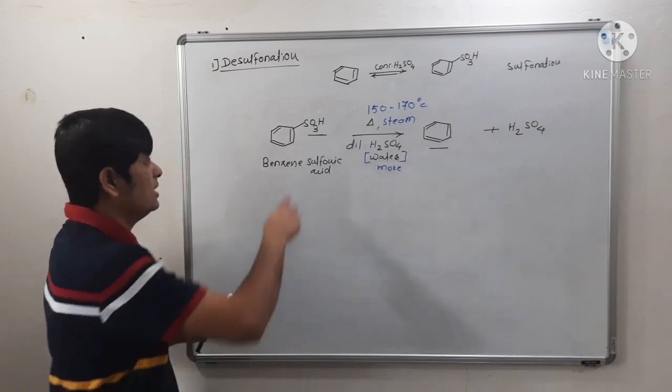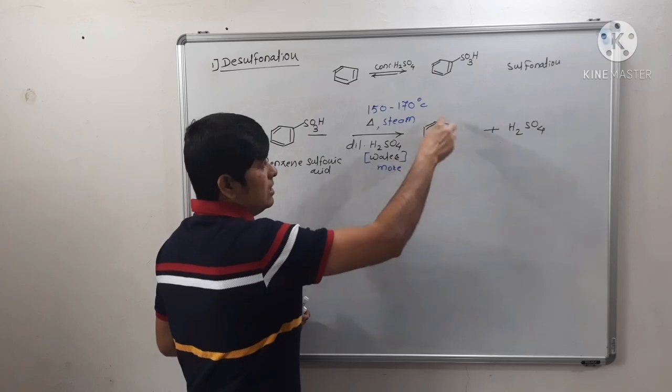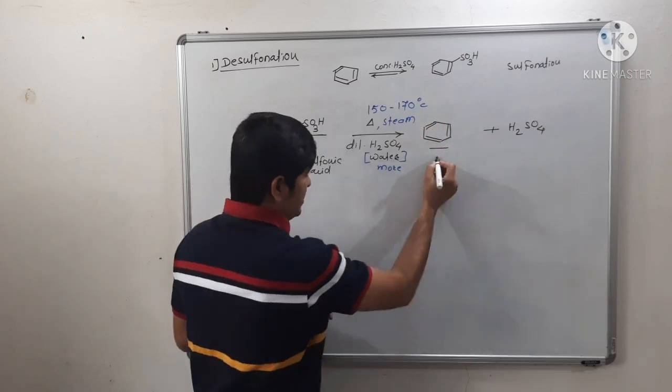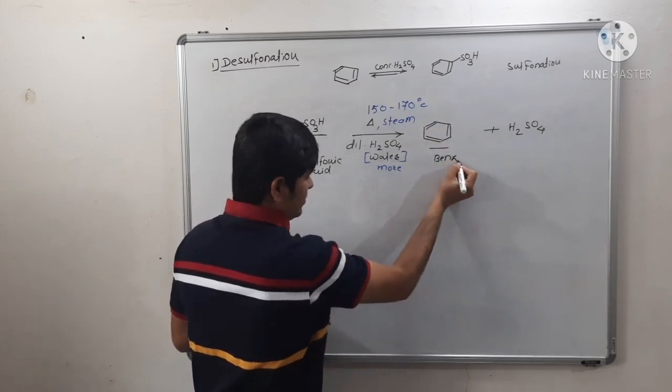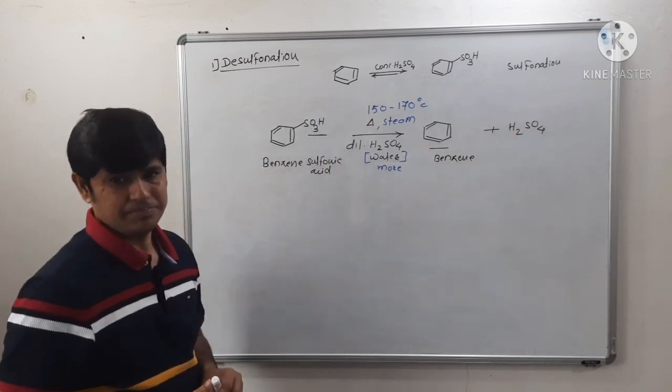There will be loss of the sulfonic acid group, and we will have the aromatic hydrocarbon benzene and sulfuric acid.